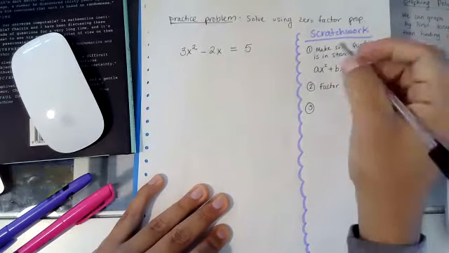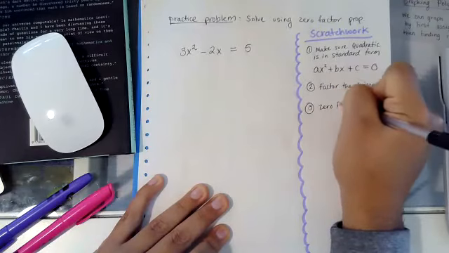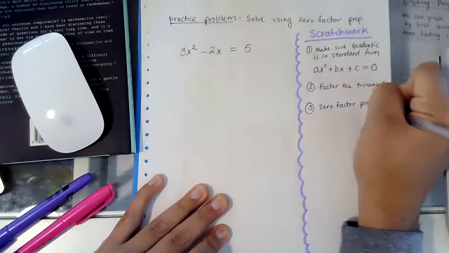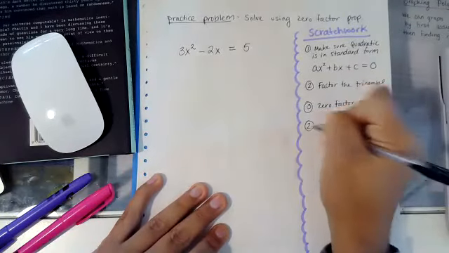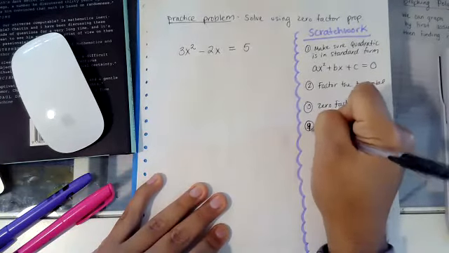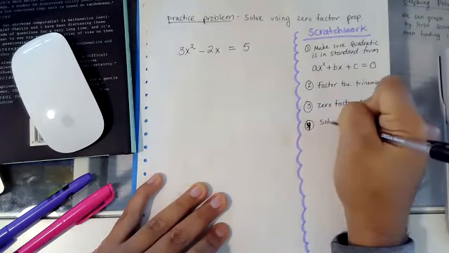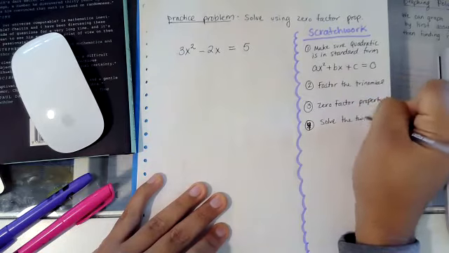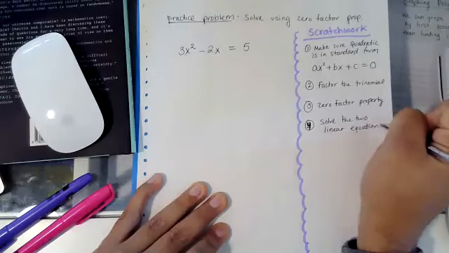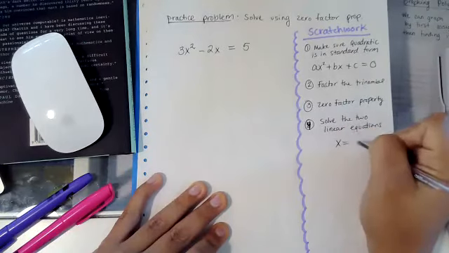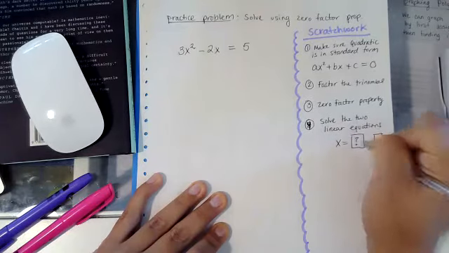After you factor the trinomial completely, then you're going to use the zero factor property to separate that out into two linear equations, and then you're going to solve the two linear equations, which means x equals something and x equals something else.